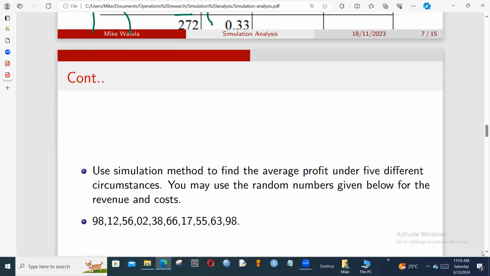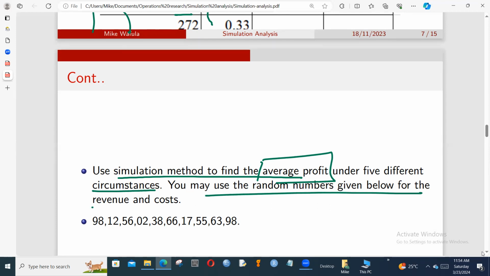Use simulation method to find the average profit under 5 different circumstances. You may use random numbers given below for the revenue and costs. So you want to determine the average profit.